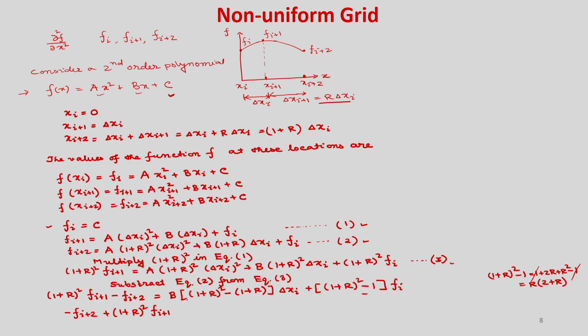So, it will become minus r into (2 plus r) into fi, and on the right hand side what will you get with b? Now you see, if you take (1 plus r) common, then you will get (1 plus r) minus 1. Okay. So, this 1 will get cancelled and you will get delta xi.